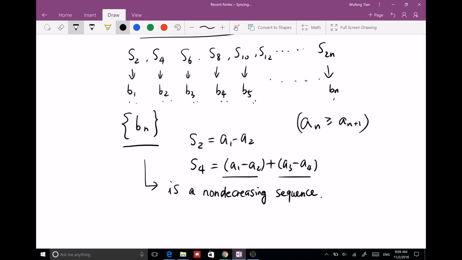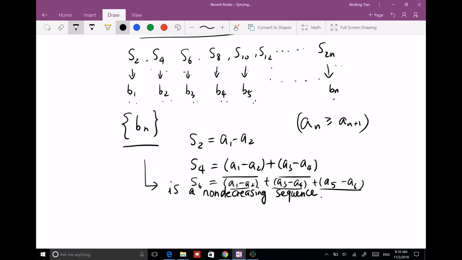S_6 is going to be a_1 minus a_2 plus a_3 minus a_4 plus a_5 minus a_6. You keep adding something which is positive, or at least 0. So S_2, S_4, S_6 continue is non-decreasing, right? It might increase because you keep adding something which is non-negative.